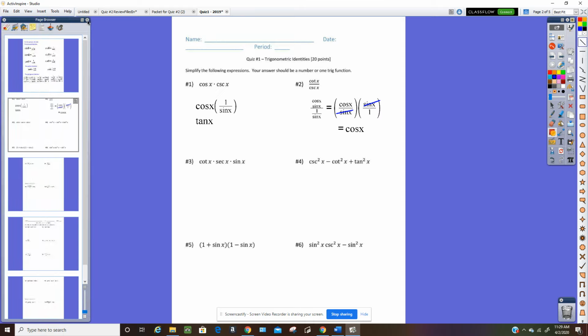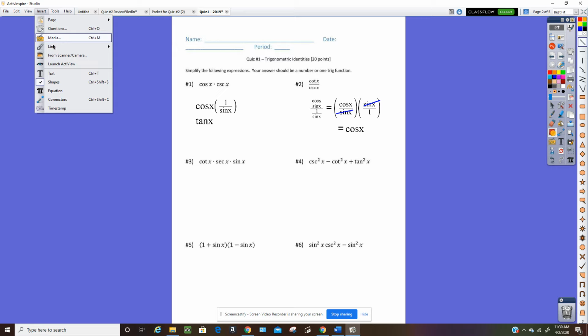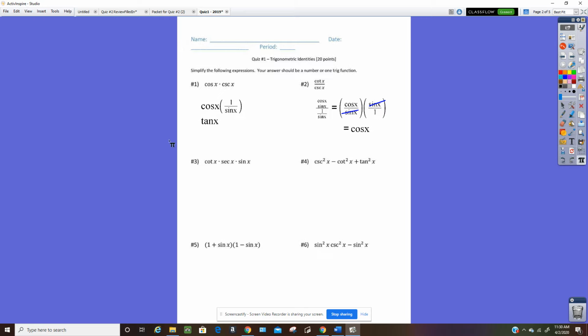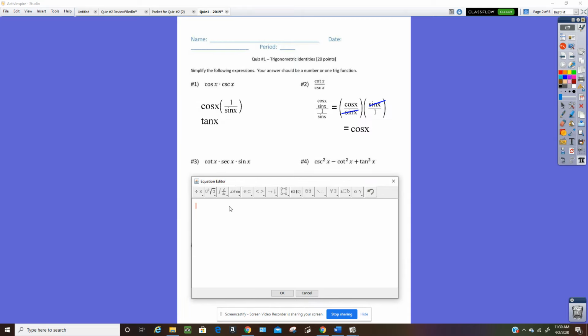Next one, the next one, we're going to get everything in terms of sine and cosine again. So let's insert an equation here. So cotangent is, excuse me, cotangent is cosine over sine. Let me go ahead and put parentheses around this here.